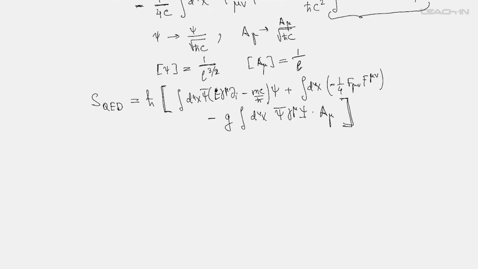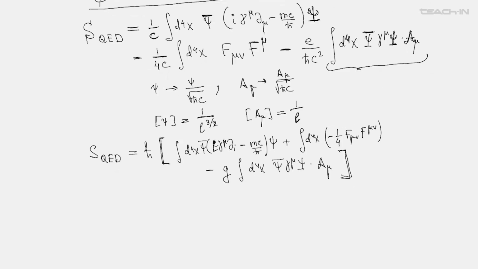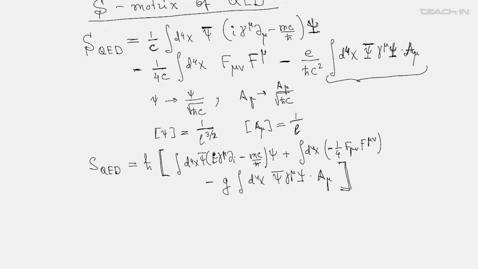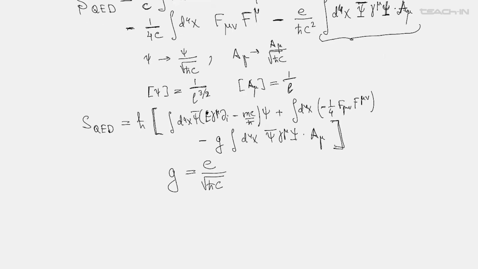And here, what I have done, I introduced the coupling constant g, given by e divided by the square root of h bar c. In this way, this coupling constant g becomes dimensionless.